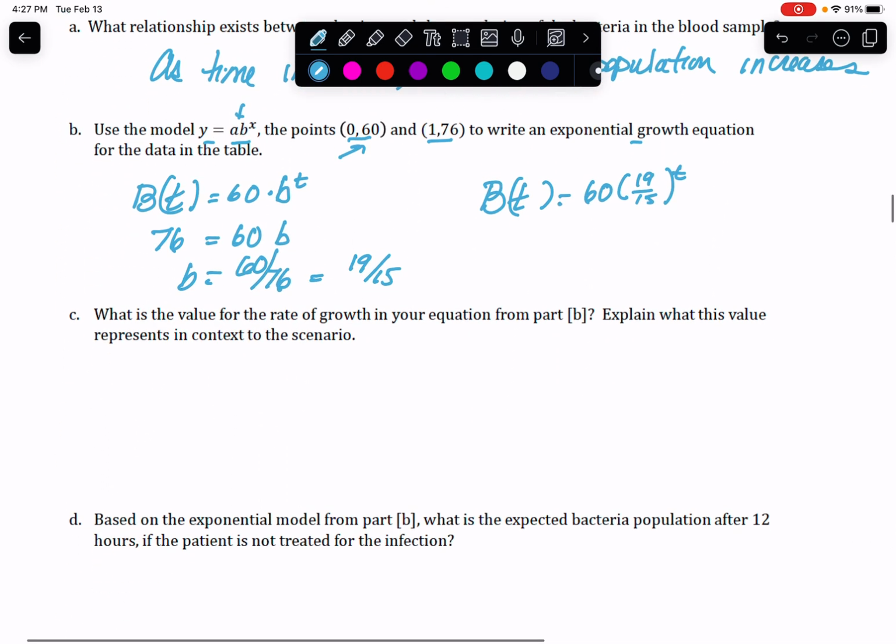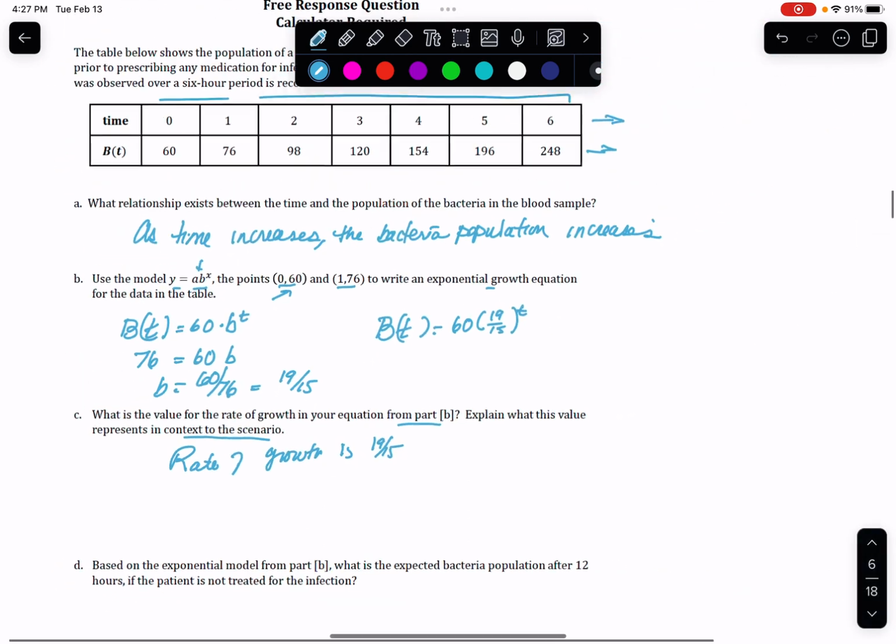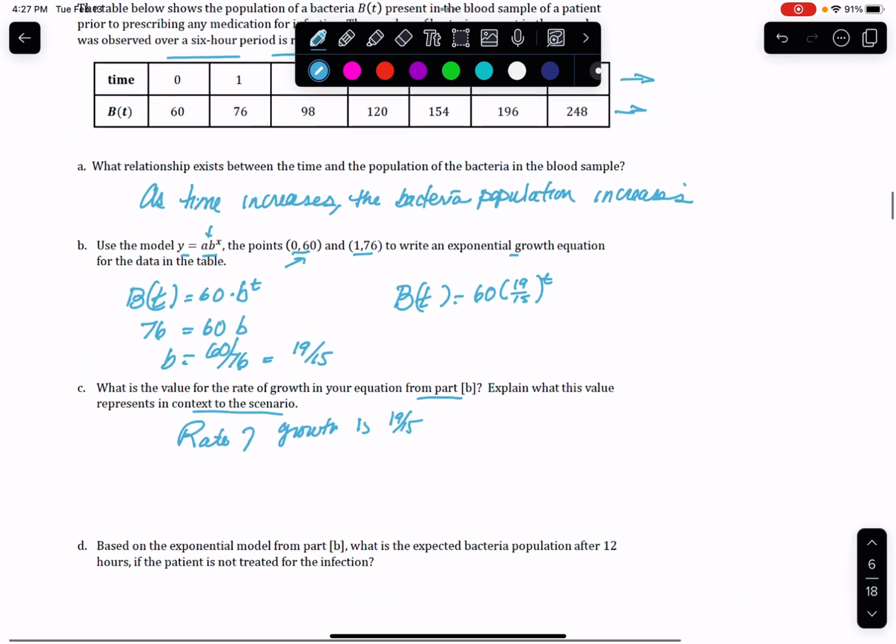What is the value for the rate of growth in your equation from part B? The rate of growth is 19/15. Then it says, explain what this value represents in the context of the scenario. So we're going to look at the input and then the output, right? That's how we say it.